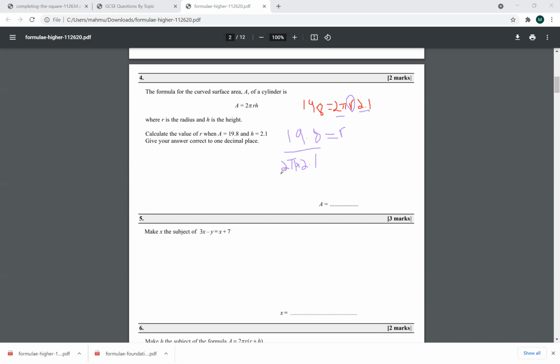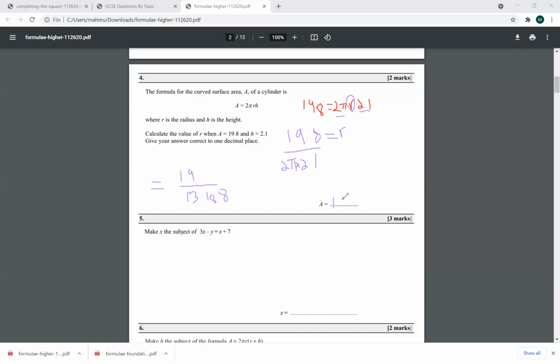So the answer is 19.8 divided by, first I find the value for 2 pi, 2 times 3.14, then times it by 2.1, that gives me 13.188. Now I've shown the examiner how I got the answer. If I do 19.8 divided by 13.188, the answer is 1.44.